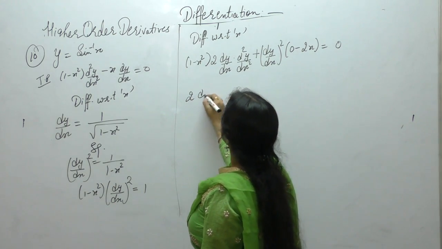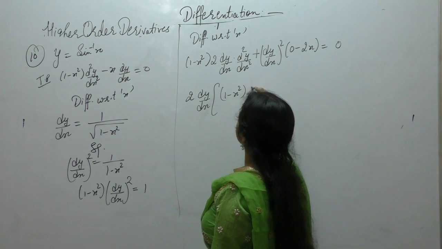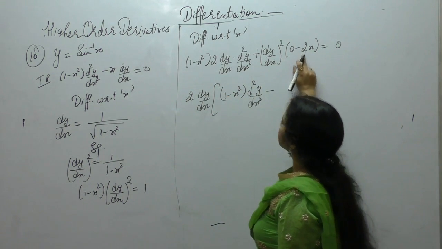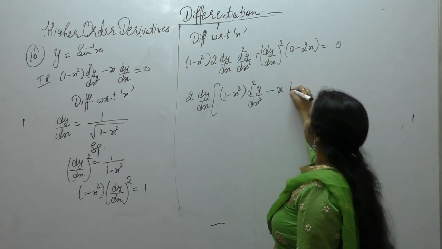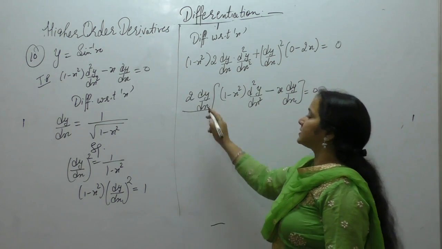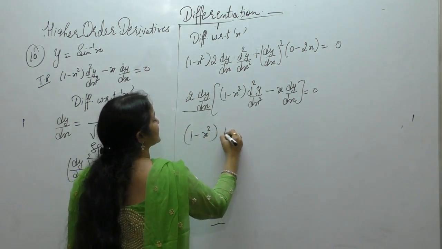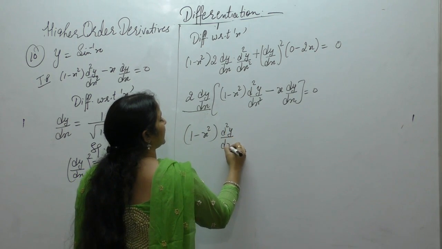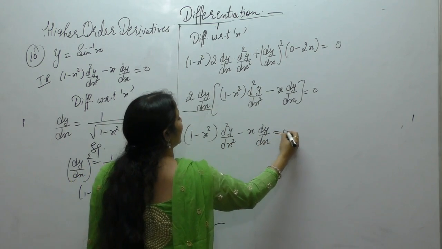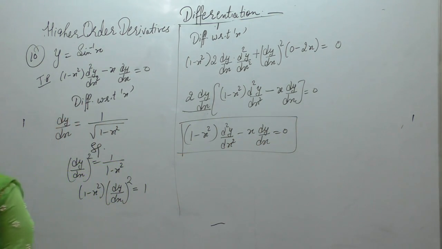Take 2 dy upon dx common. Here we are left with 1 minus x square d square y upon dx square minus x, 2 is common, 1 dy upon dx is common. So 0 upon something is 0. So here we are left with 1 minus x square d square y upon dx square minus x dy upon dx equal to 0. This is what we want to prove.